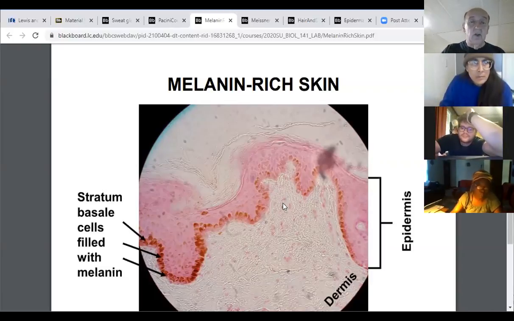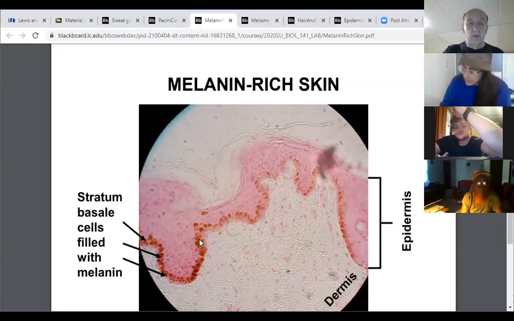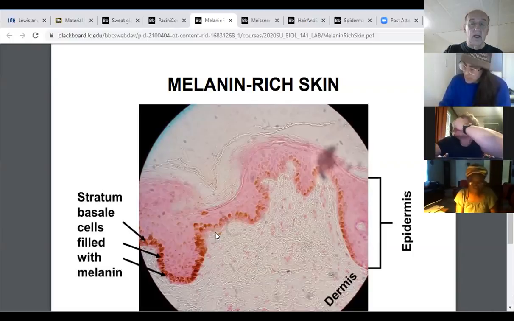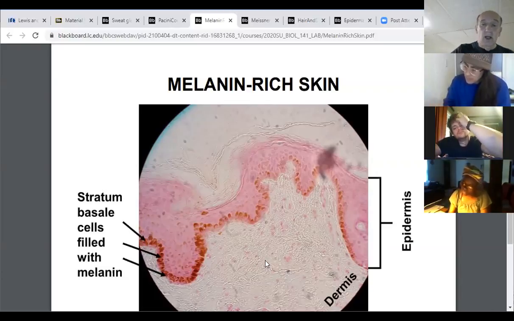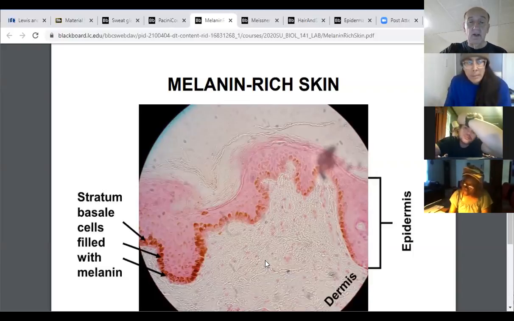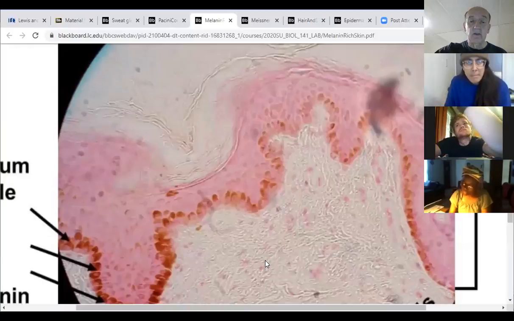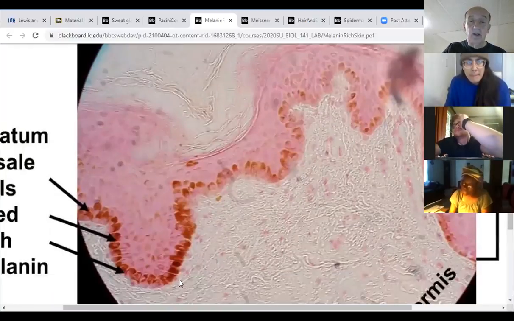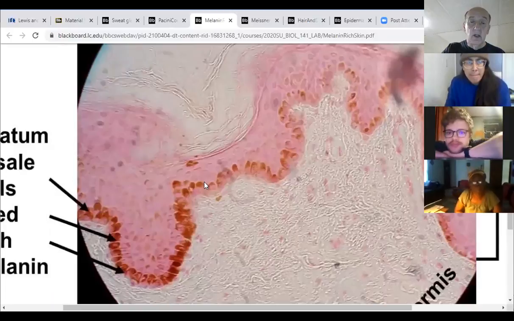What happens to melanin? This dark substance is endocytosed by stratum basale cells. So the stratum basale cells gain this very rich brown color. Some of the stratum spinosum cells endocytose it too. And so on this slide, the stratum basale becomes extremely visible because all you have to do is follow the brown staining. And you can see the single layer of cells.